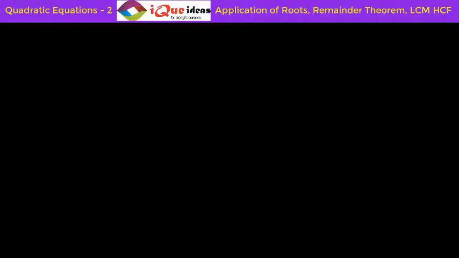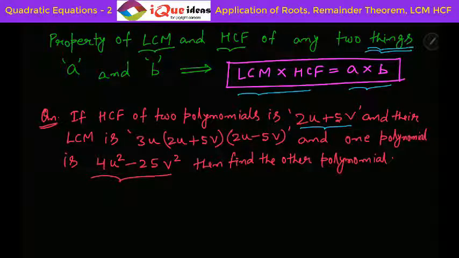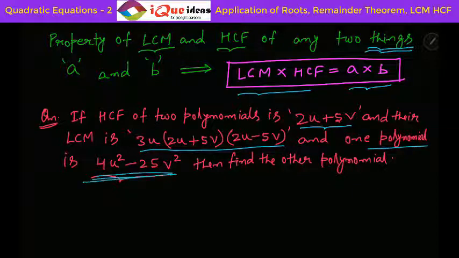It says if HCF of two polynomials is 2u plus 5v and their LCM is 3u into (2u plus 5v) into (2u minus 5v), and one polynomial is given as 4u square minus 25v square, then find the other polynomial. So we'll just apply this formula: LCM into HCF is equal to A into B, right? So here in place of LCM, we will put this whole expression.